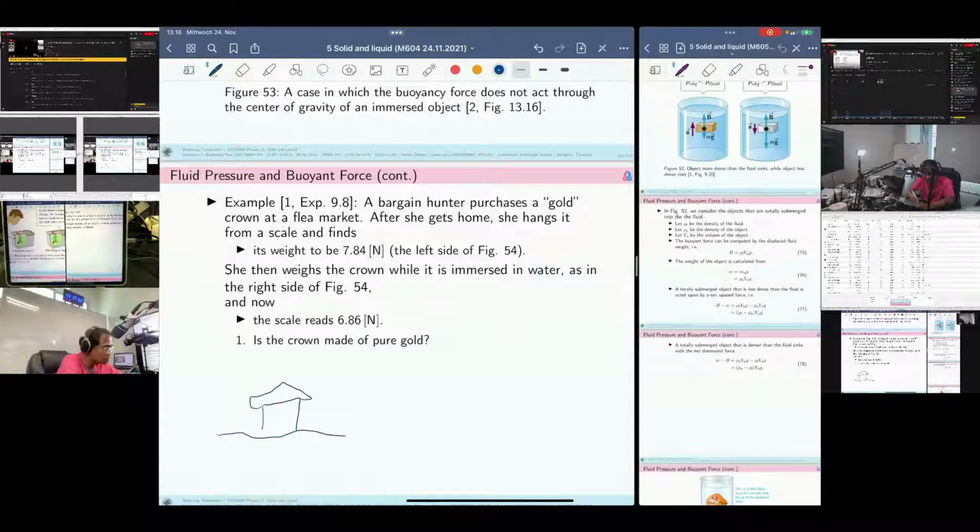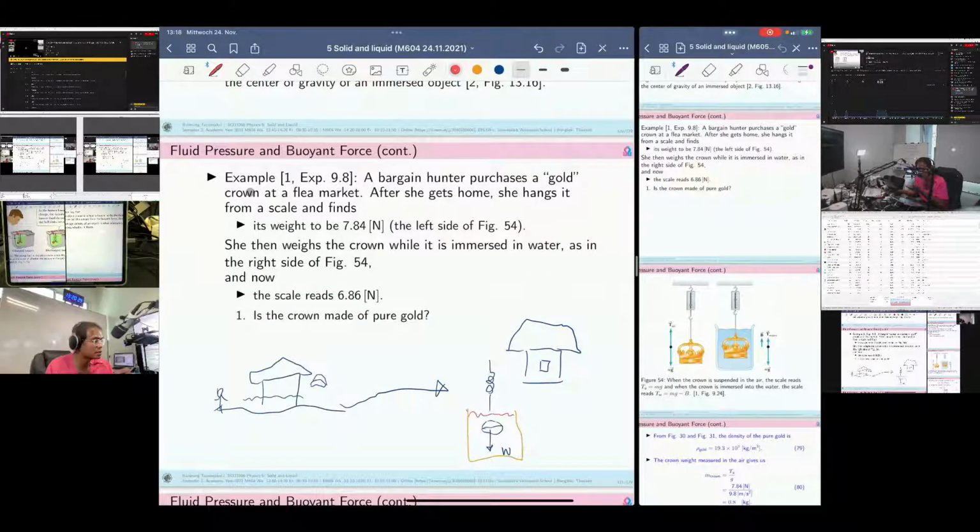Because she needs to know whether this product is made of pure gold or not. If she finds that this is genuine gold, 100% pure inside the crown, she would sell it in a shop with a good price, and she gets a benefit from this business, right?